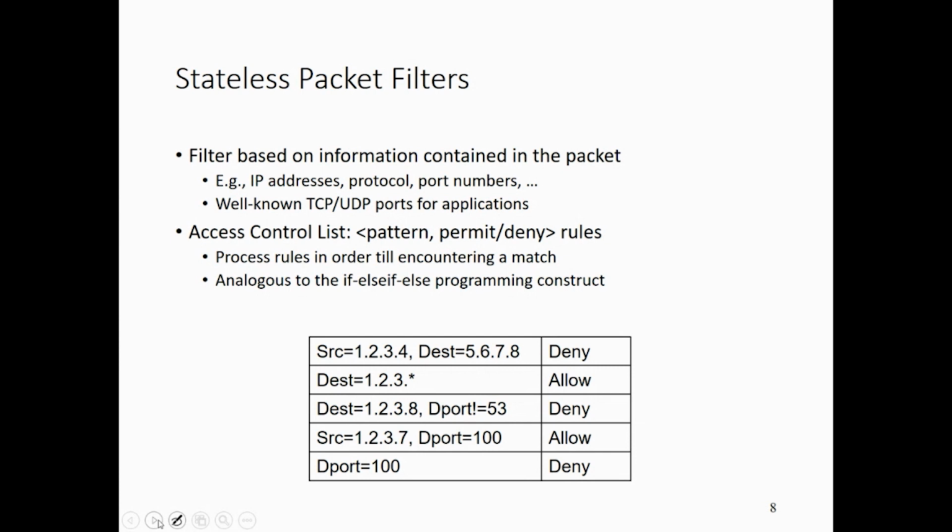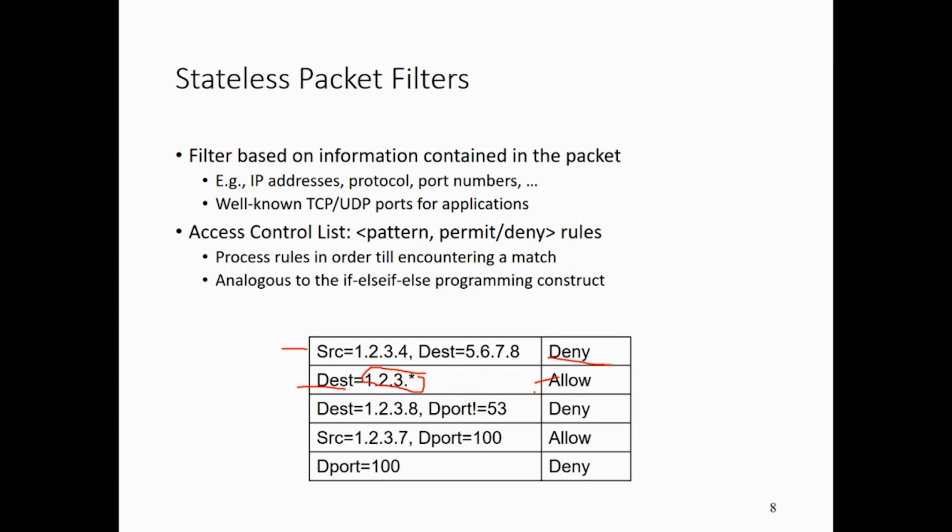For example, you can see in the table below that a certain source can't talk with a certain destination because the action is denied. The destination 123.* , if we imagine this is an IP address, is allowed to be contacted from our employee, for example.